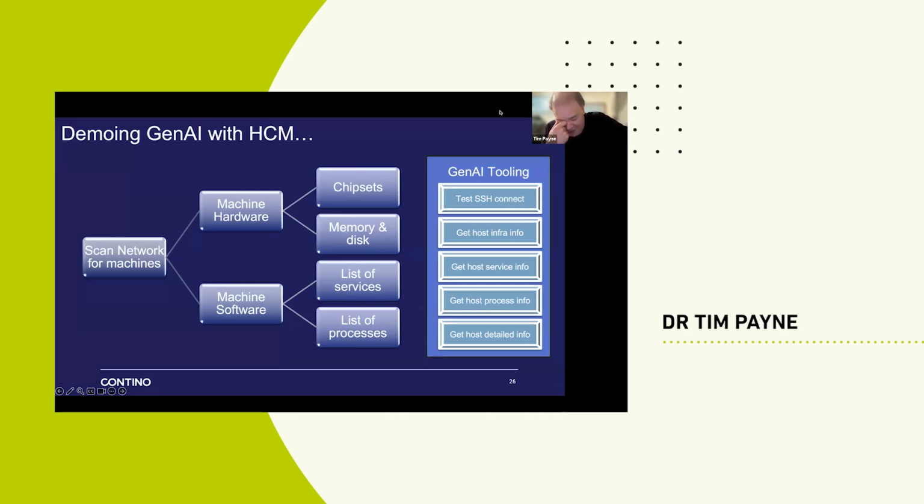This is purely RAG, so it's actually getting information out of systems. It's using some tooling to connect to those systems, get information out of them, and then analyze that information. Obviously, because it's hardware and a list of services, I haven't set it up to do any operations other than get the information.